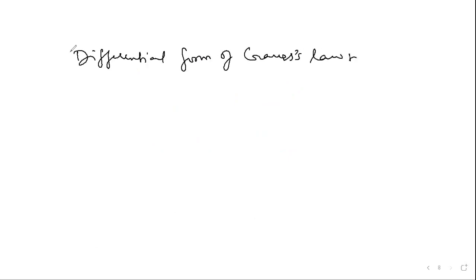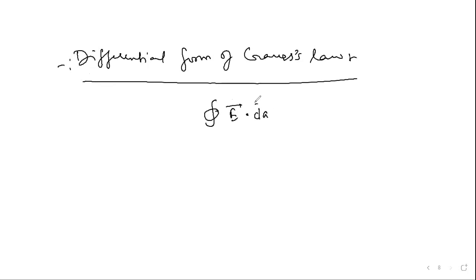Okay, move to the next thing. My next topic is the differential form of Gauss's law. Now, we know Gauss's law is written as the net flux of the electric field through a Gaussian surface is Q by epsilon naught, right?